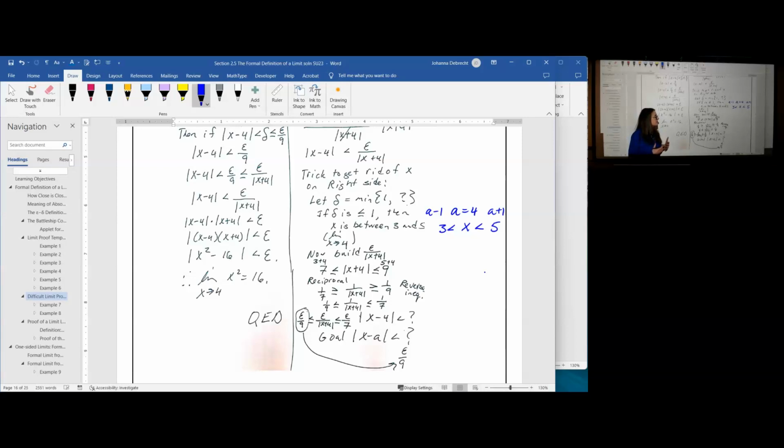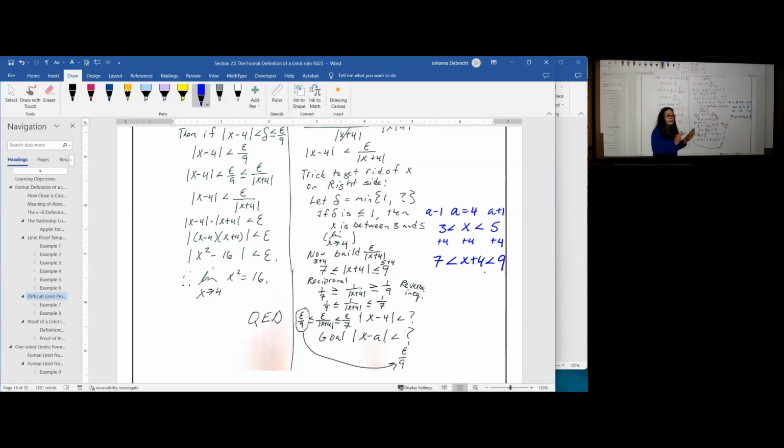Well, if x is between 3 and 5, I know I could add 4 to all 3 parts to get my x plus 4. So I add 4 to all 3 parts. And this gives me 7 less than x plus 4 less than 9.